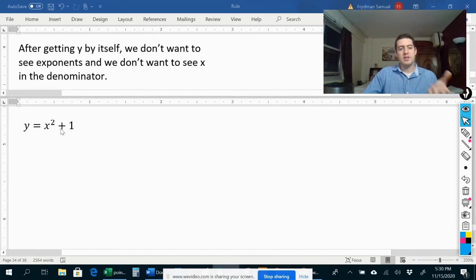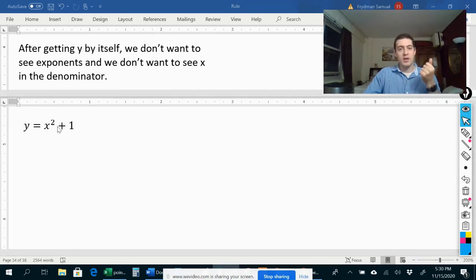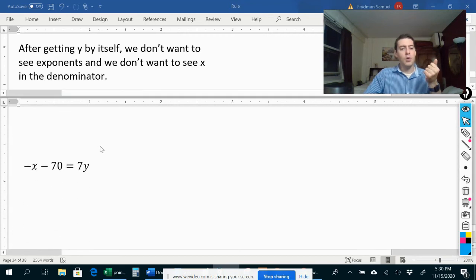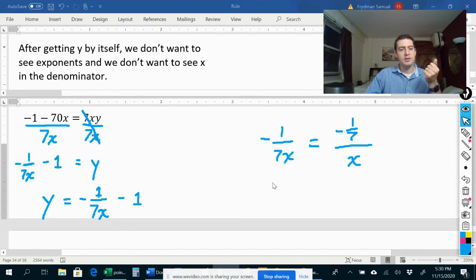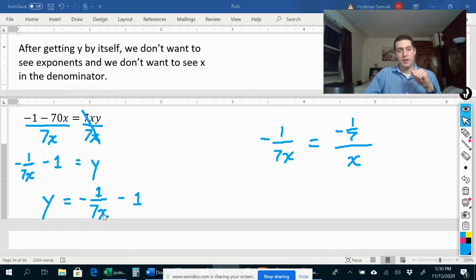If we see exponents like this, then right off the bat, we know it cannot be a linear function. But also, we do not want to see x in the denominator like we did over here. So if we see exponents, or we see that the x is in the denominator, then no good, not a linear function.